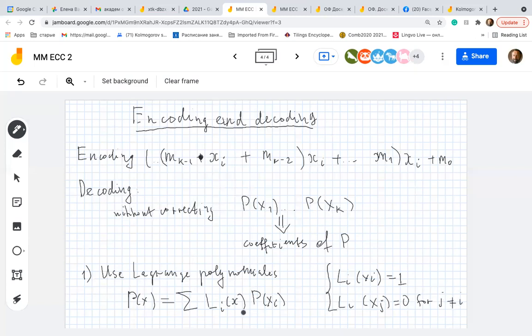And such a polynomial Li has an explicit formula. Let me write the formula.